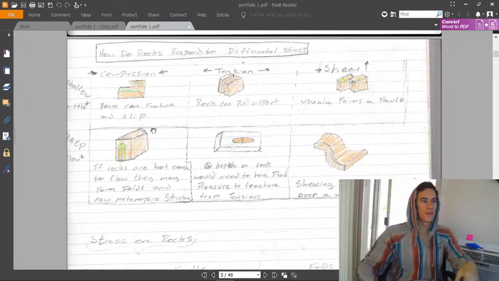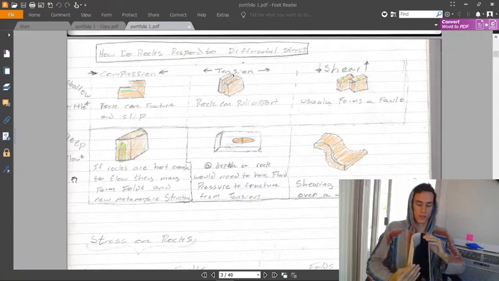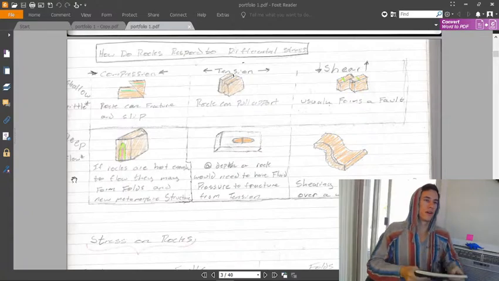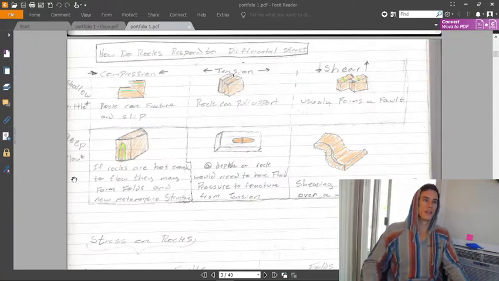If rocks are hot enough, they flow. They may form folds. Where compression stress would shift the rocks from one position to another, if they're hot enough, or if there's enough pressure, or if the rocks are weak enough, they'll start to flow. And at depth, rock would need fluid pressure to fracture from tension.